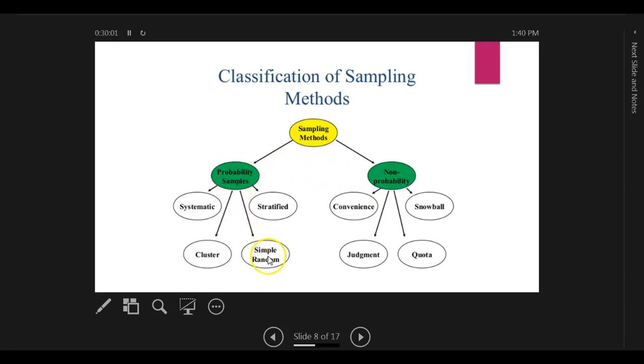In probability sampling, we have simple random sampling, we have systematic, following a system, we have stratified, layered random sampling, and we have clustered random sampling. In non-probability, we have convenience sampling, we have snowball sampling, quota sampling, and judgment or theoretical sampling. I hope it's less intimidating or overwhelming than the first time we saw this graphic organizer.